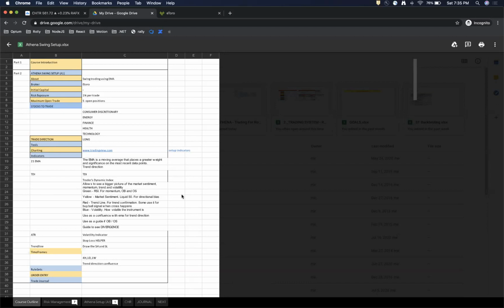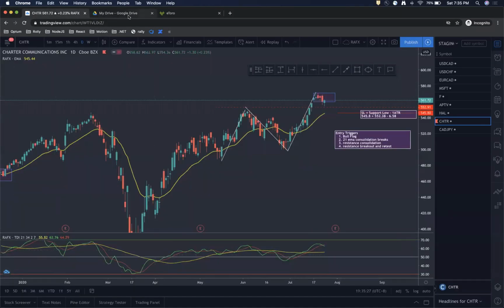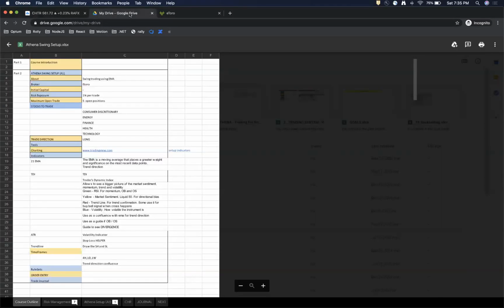The green line is the RSI, or the relative strength index. It is used for momentum.